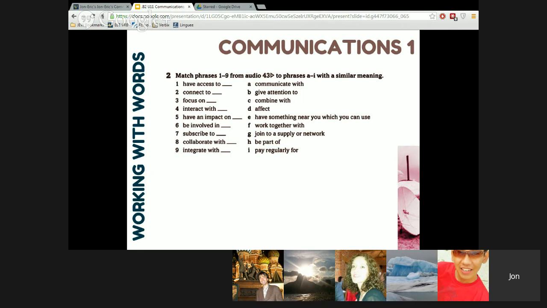Join to a supply or network. Why? What does that have to do with subscribing to a magazine? Join to a supply. A supply with magazines? Doesn't make sense.